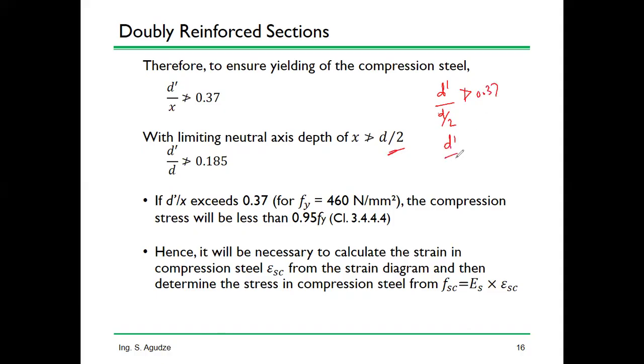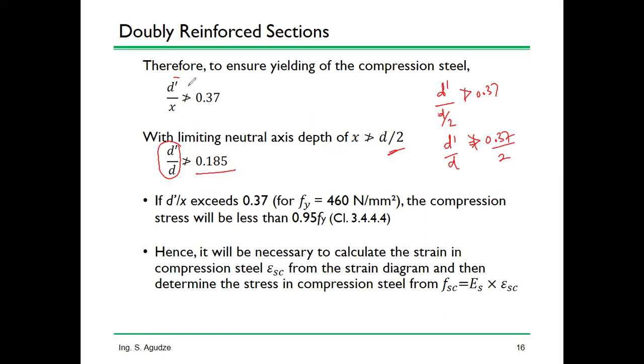So d prime over d can simply be said to not exceed 0.37 over 2. In some books, they will rather check d prime over d. If you check d prime over d, then the limit is 0.185.